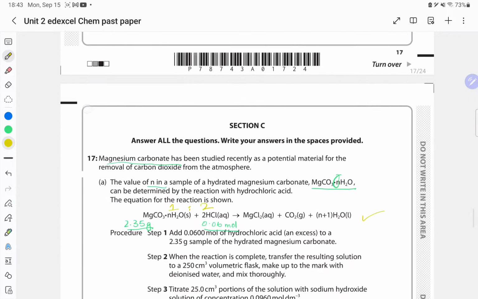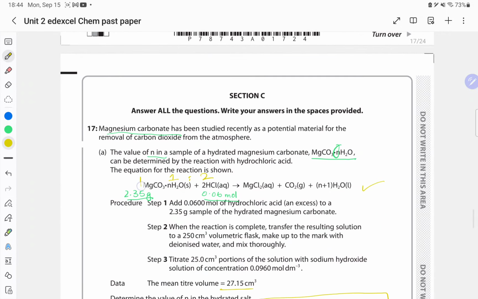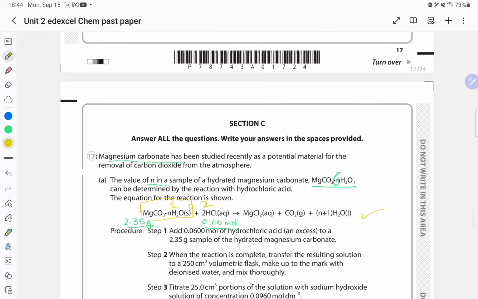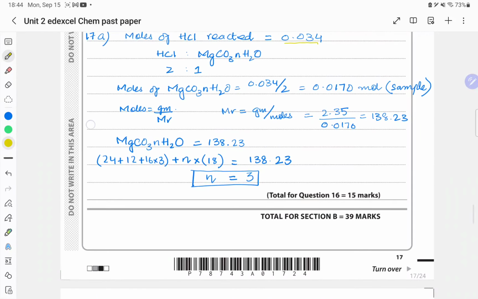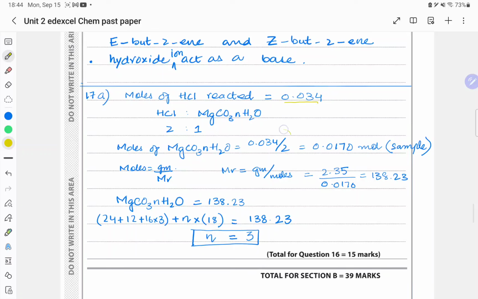In order to get the moles of this species, you're going to divide the moles of HCl that have reacted by 2. Once you divide it by 2, you get this number of moles. That is the moles in a sample. And what was our sample? This was our sample.